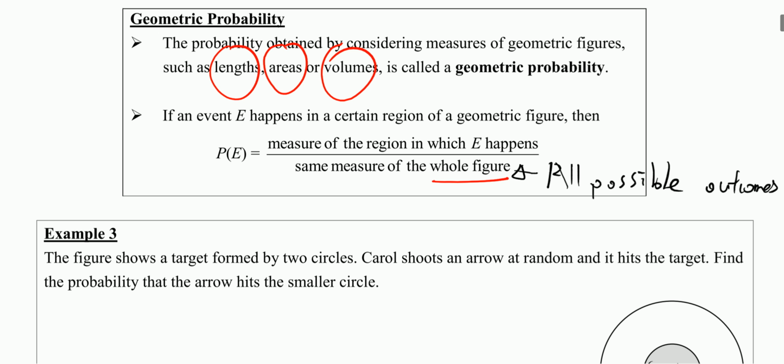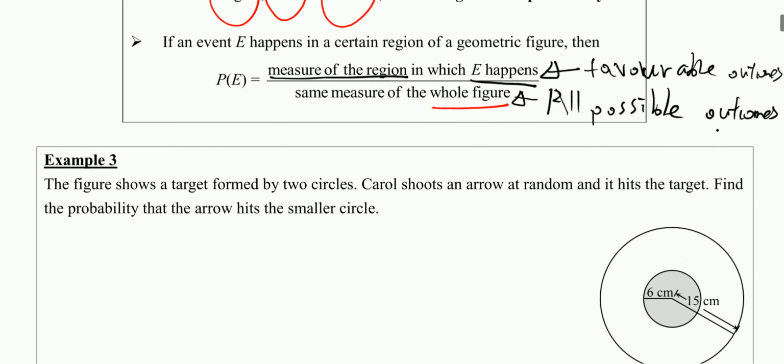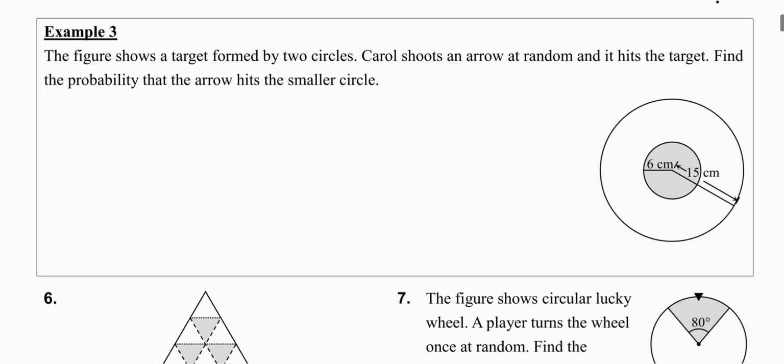We use the measure of the whole figure to represent all possible outcomes. And for that part, the measure of the region where E happens is your favorable outcome.